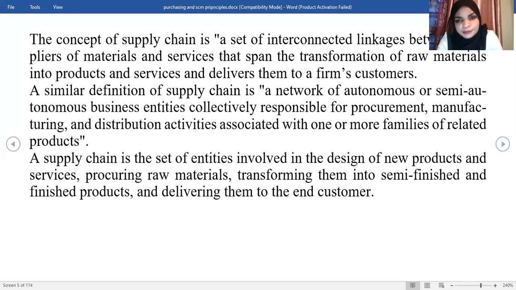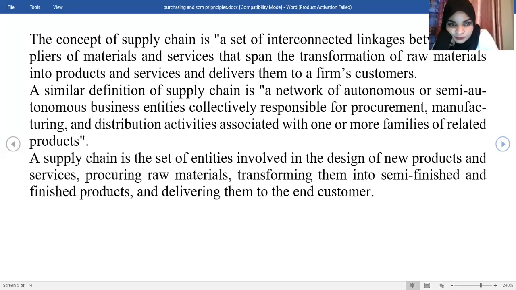Yeah, then we also have another definition of a chain that says it is a set of entities that are involved in designing new products and services, procuring raw materials, transforming them into semi-finished and finished products, and delivering them to the end customer. So in all those definitions of supply chain, there are three things that come to mind.